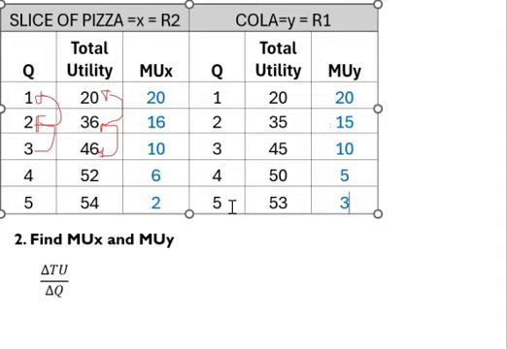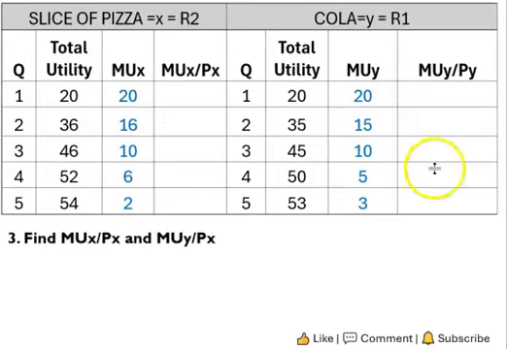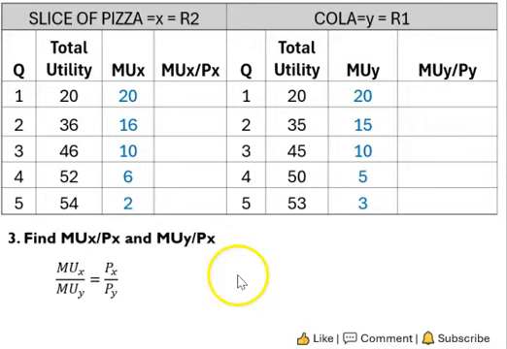So now we found our marginal utility of X and our marginal utility of Y. But we know that our equation for maximizing utility is MUX divided by MUY equals PX over PY.